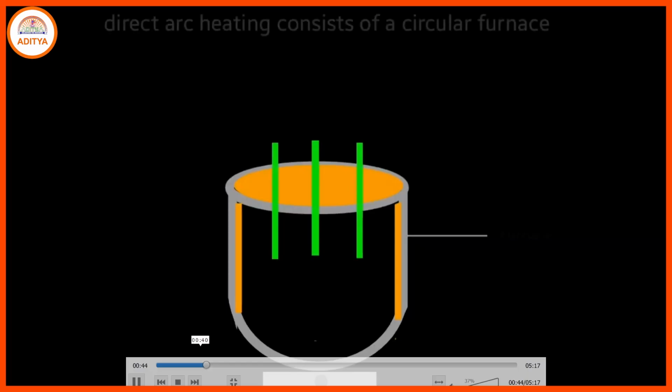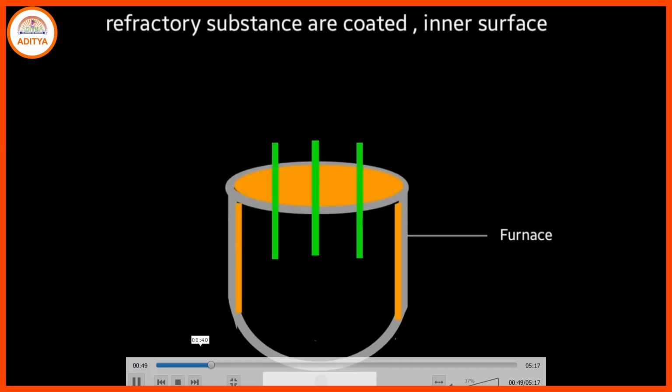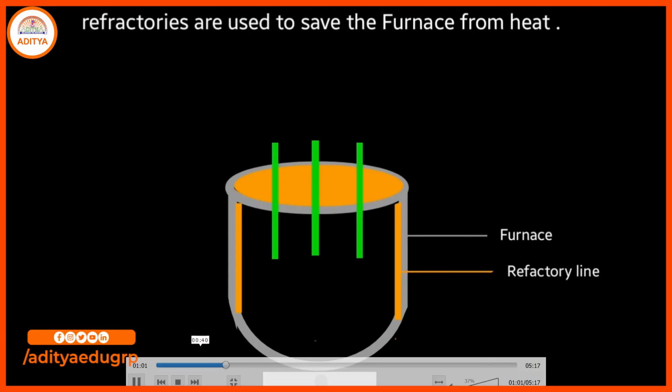Now we come to direct arc heating. The direct arc furnace is a circular type furnace, and a refractory lining is there for sustaining the higher temperature when it converts the charge into molten metal. Three electrodes are used in that particular furnace.